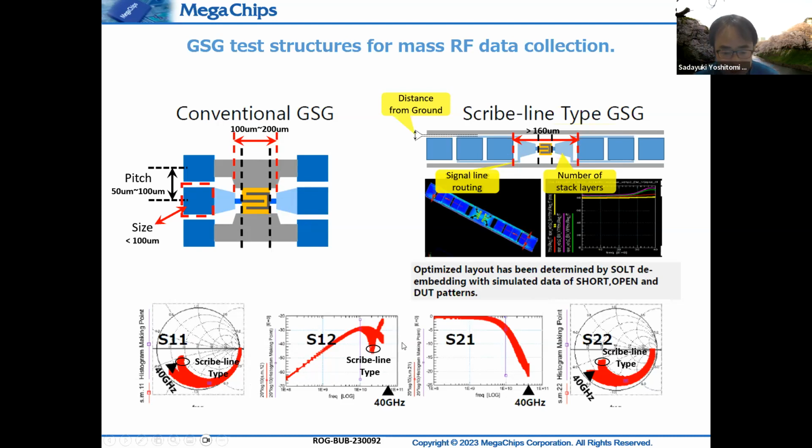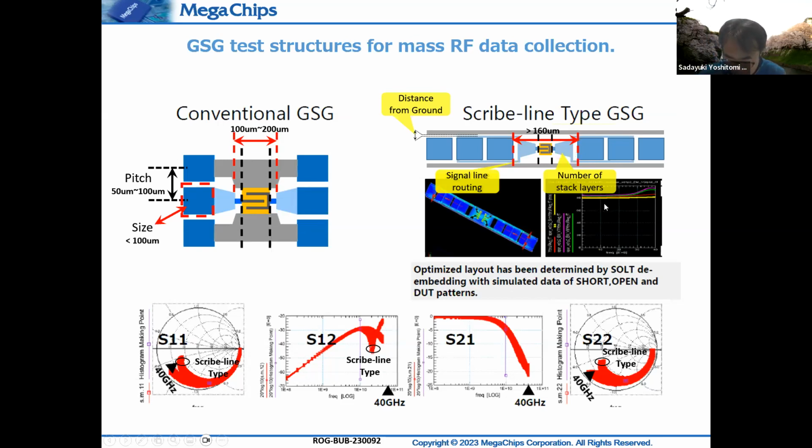So this is a comparison between the conventional GSG test structure and this scribe line type GSG test structure. Still, there is a discrepancy, an inconsistency, after the 20 gigahertz region. So there is room to improve the quality of the test patterns. This is a further investigation topic.